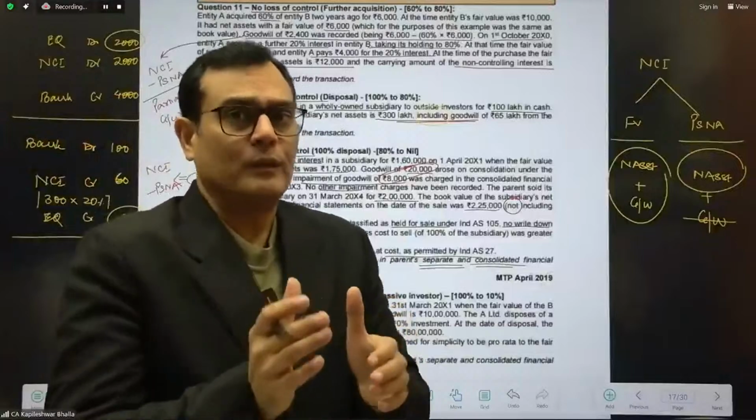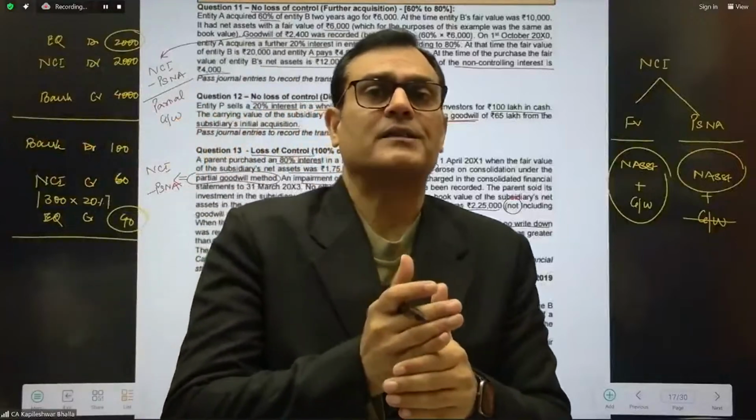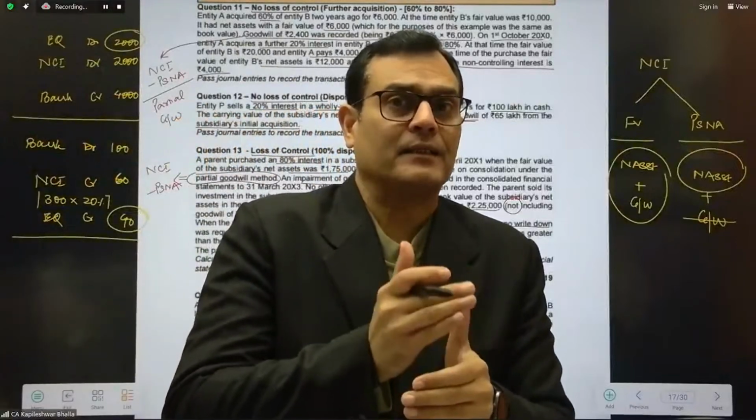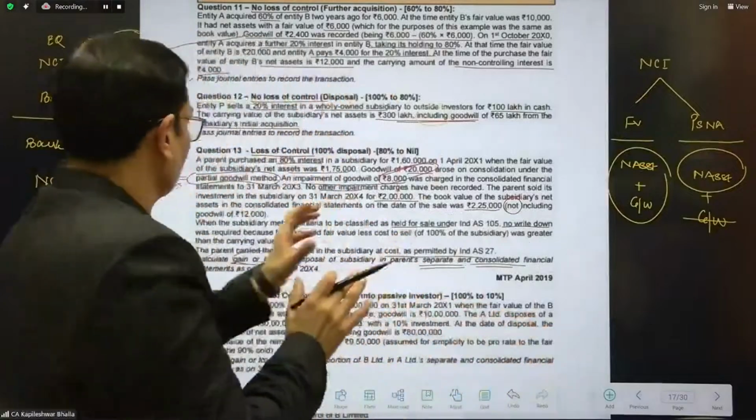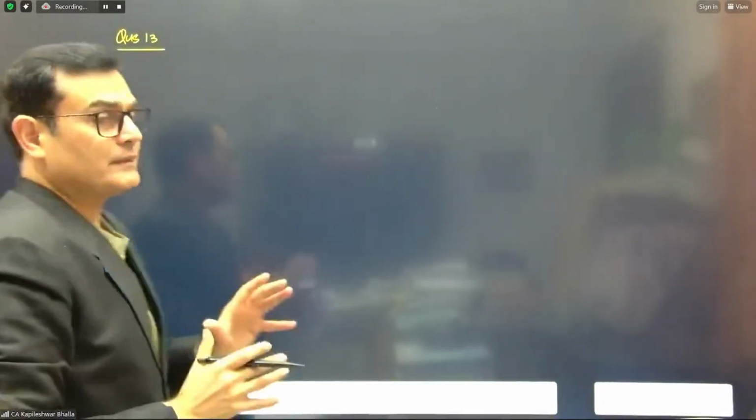So what we need to do now is reflect the gain or loss in the separate and in the consolidated financials both. So let me present the answer here. Let's present the answer to question number 13. First of all, we're going to look at the solution, and I want to get the status in terms of separate and in terms of consolidated financials. The entries which I gave you are with reference to consolidation.